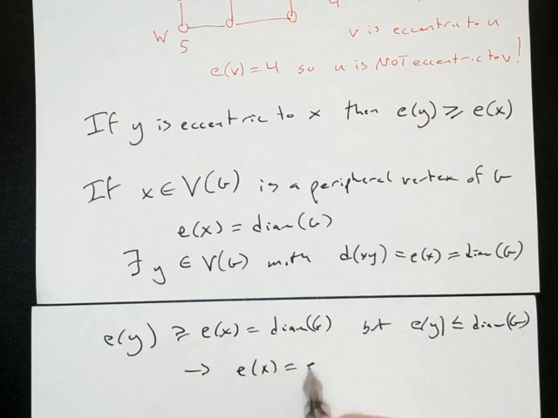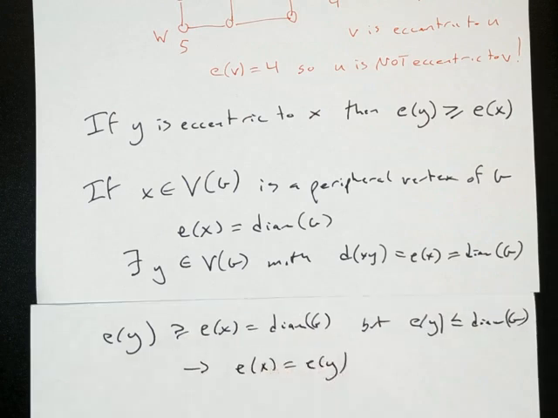Hey, wait a minute. In the periphery, all of those vertices are eccentric to each other. Every vertex in the periphery is an eccentric vertex.